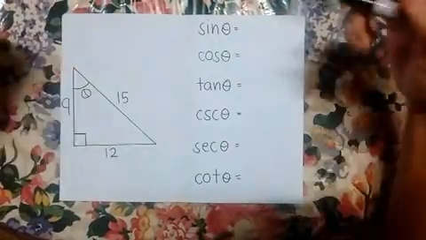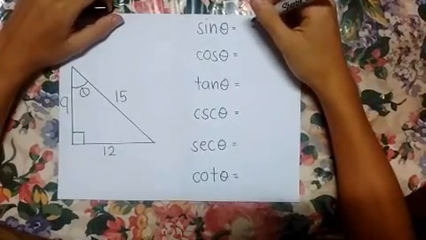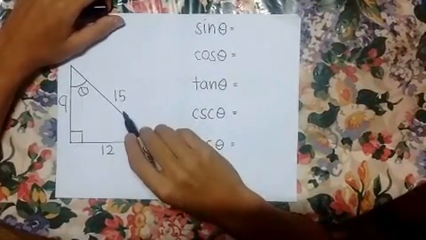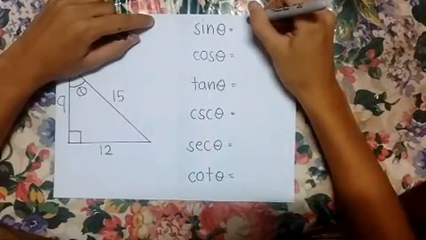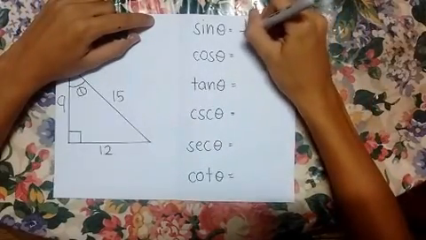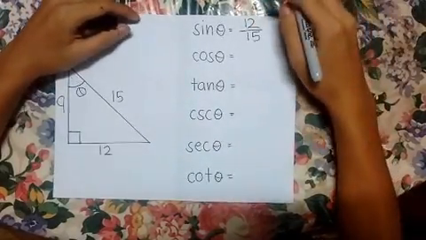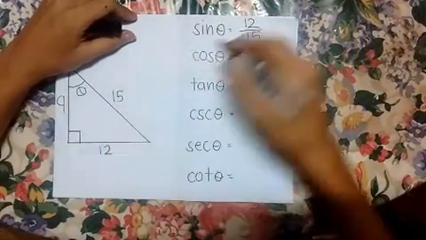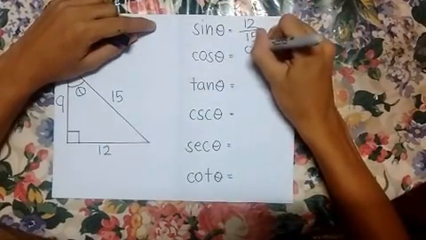Again, we'll start with sine. Sine of theta is equal to opposite over hypotenuse. 12 over 15. Cosine of theta, adjacent over hypotenuse. 9 over 15.